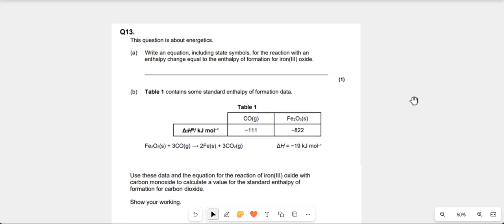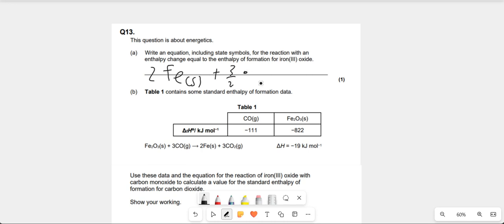Alright. This question is about writing an equation for the formation of iron oxide. So this is from the standard state and standard conditions. Therefore it's going to be 2Fe. Just write Fe solid, plus oxygen gas here, and then you can balance it.